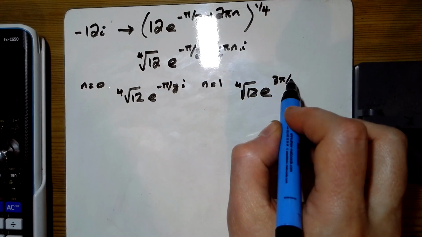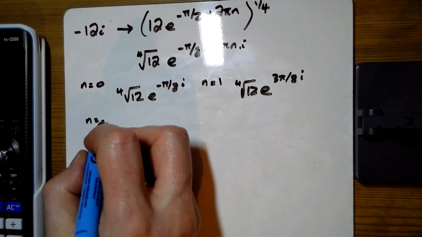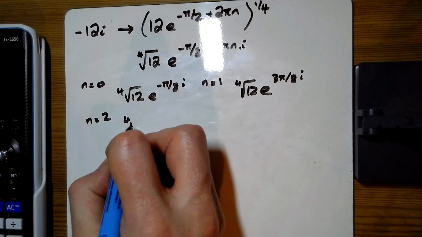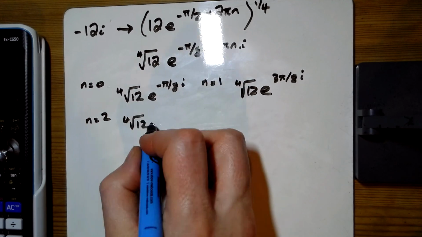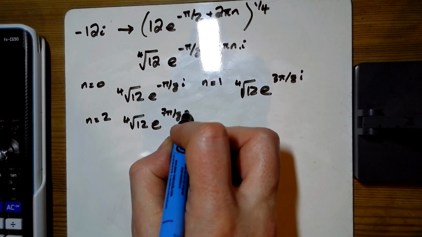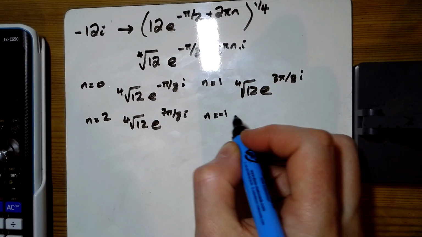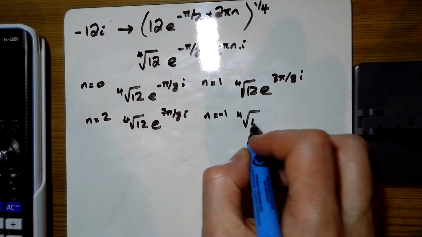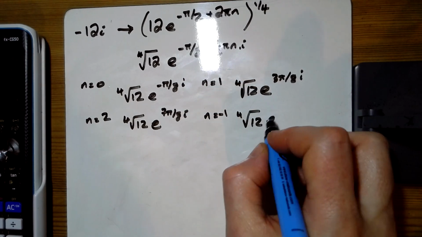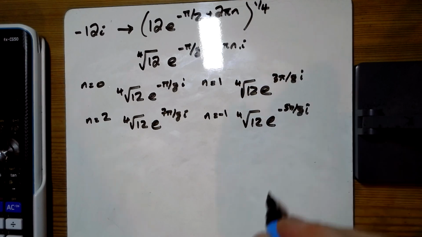When n is equal to 2, we'd have the fourth root of 12 e to the 7 pi over 8i. And if we go any further, that's going to be too big, so we'll go to minus 1. So we've got the fourth root of 12 e to the minus 5 pi over 8i.